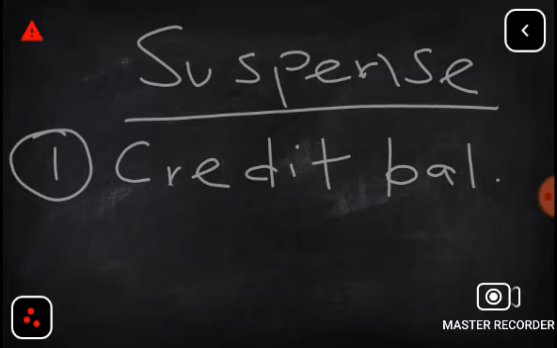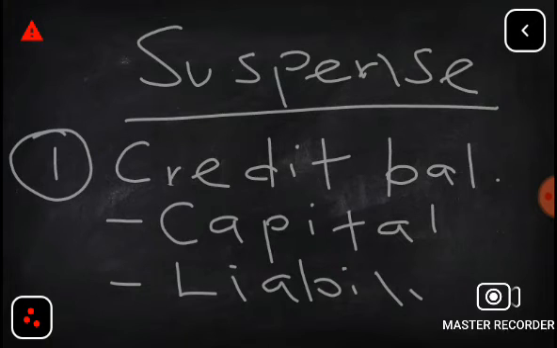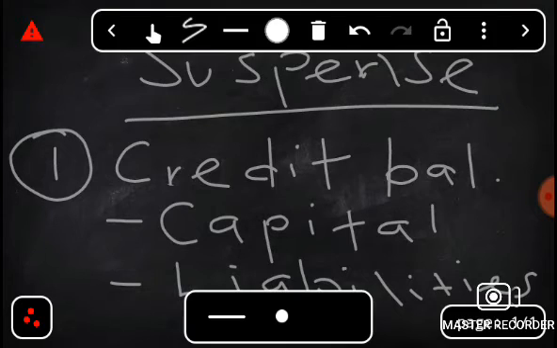Then this amount that is on the credit balance must, one, be taken to the capital side of the balance sheet, and two, must be taken to the liability side of the balance sheet, if this balance is a credit balance.